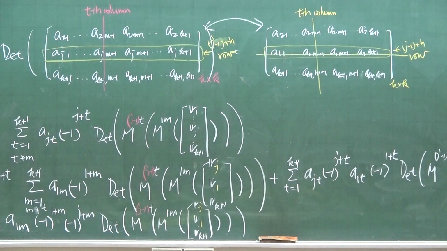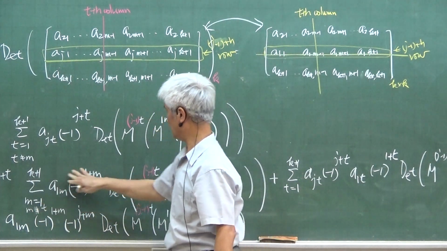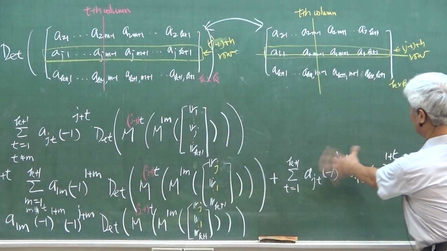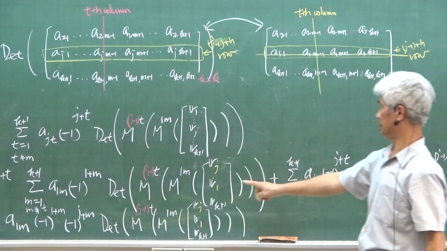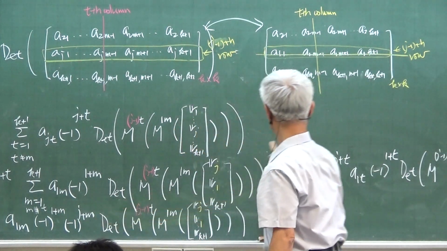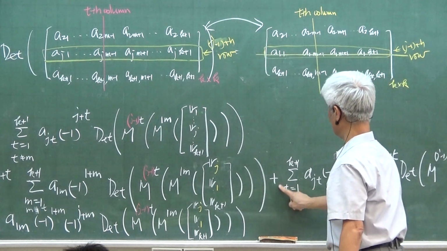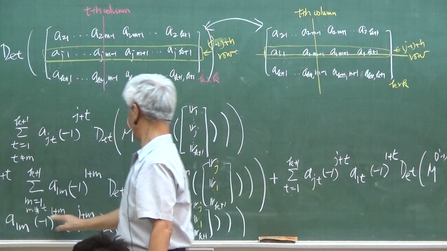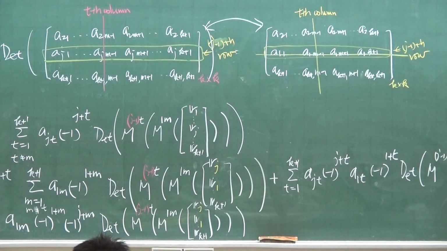Okay, good. Because I take out one term here, so I have to add back. When I add back, you compare with these two. Except we use t instead of m, they will be the same, right? They are all the same.